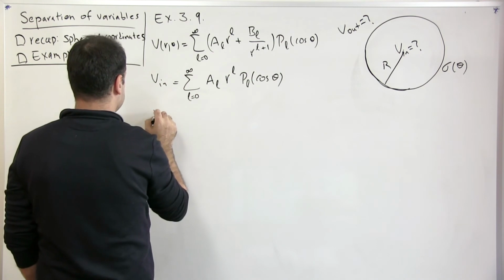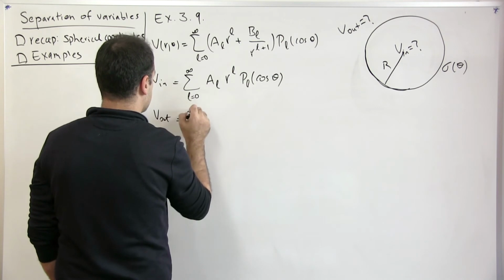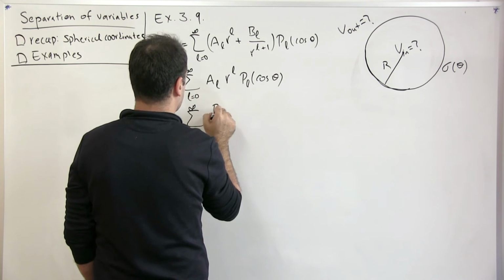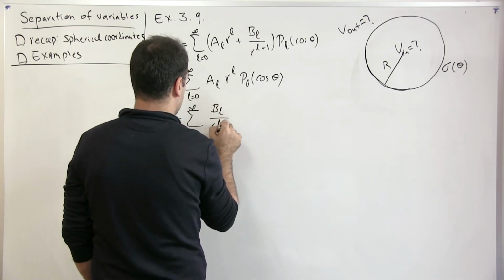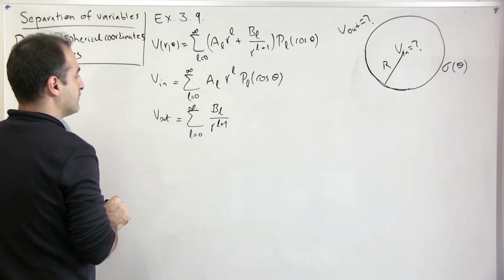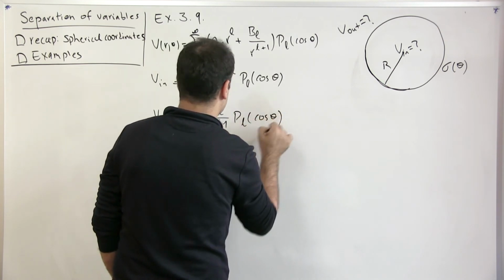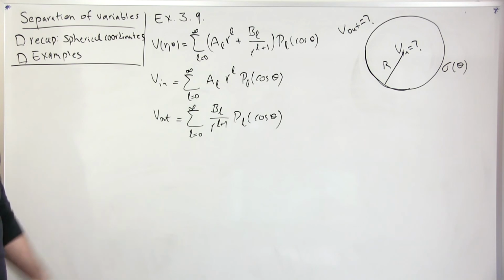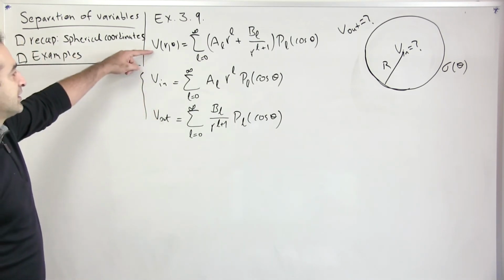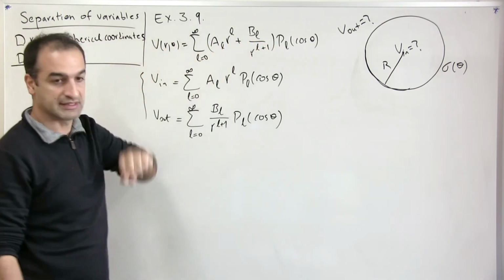And outside, we sum from 0 to infinity of B_L over R to the L plus 1, times P_L of cosine theta. So these are the general forms of the potentials inside and outside. Both are derived from the general one. One only includes the first term, and the other only includes the second.